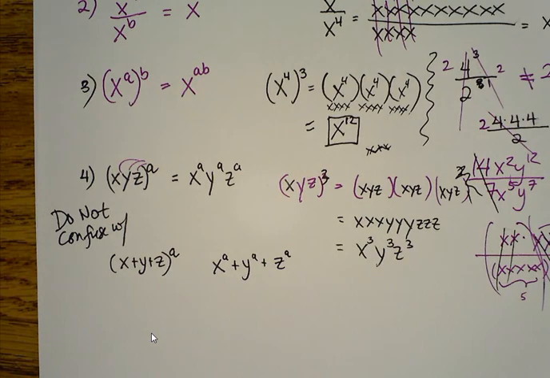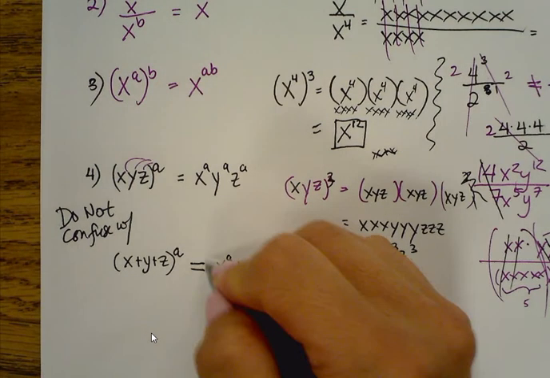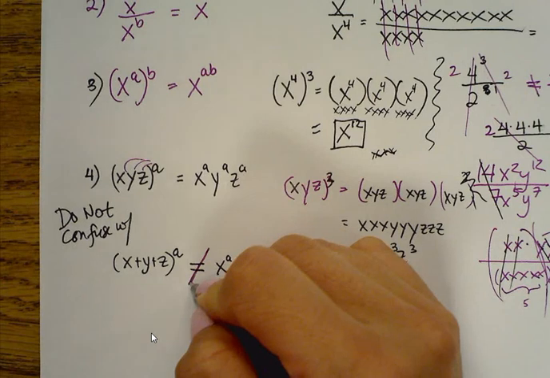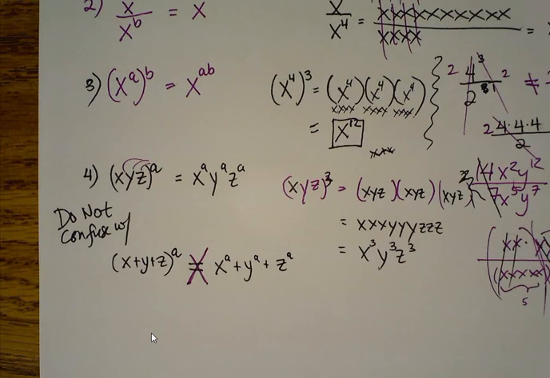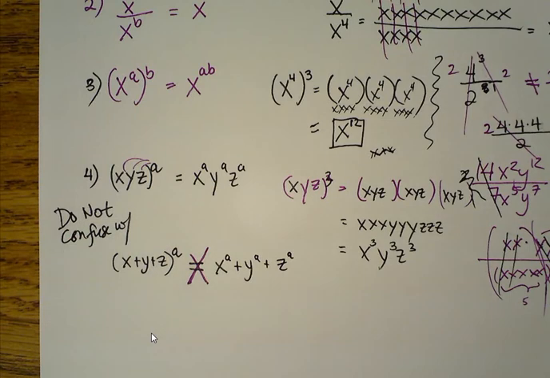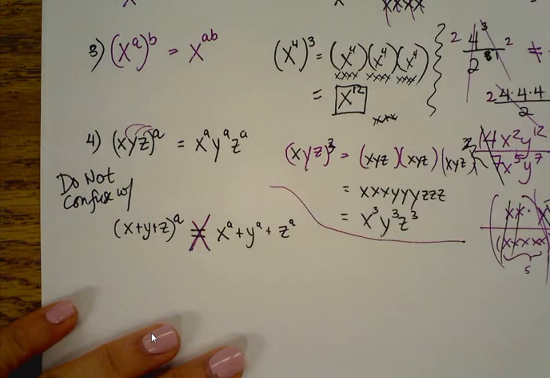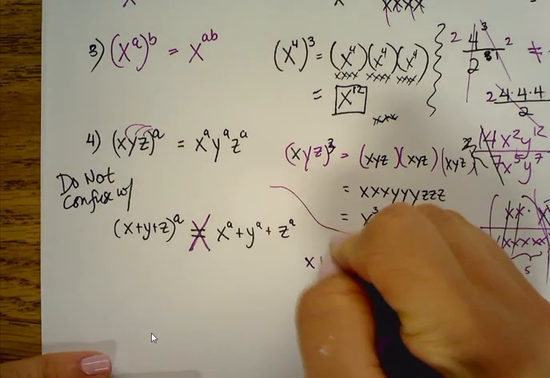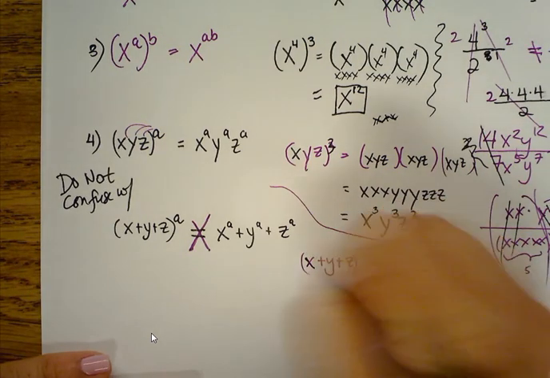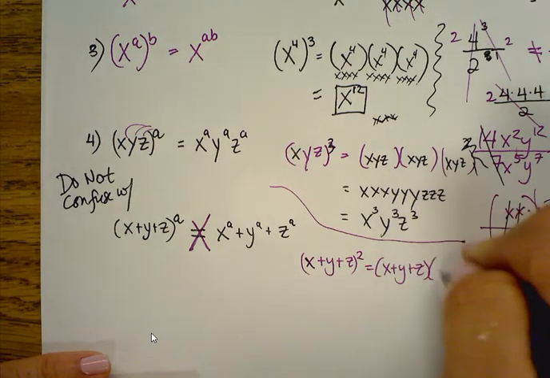This is a red flag. Such a red flag. When it's being added, you cannot distribute. Why? You have to expand. Because if I had x plus y plus z squared, that would be x plus y plus z times x plus y plus z. Can you just say, oh, this is x squared and this is y squared?